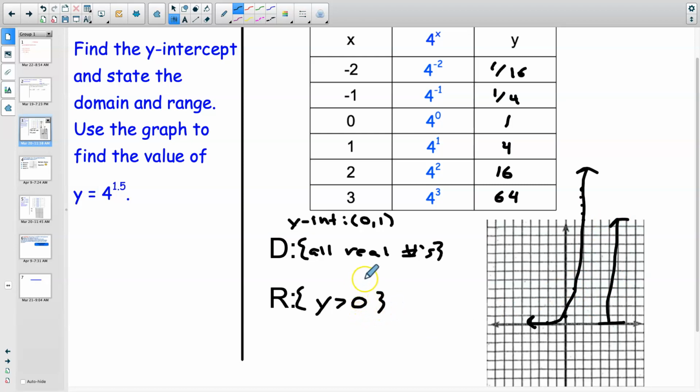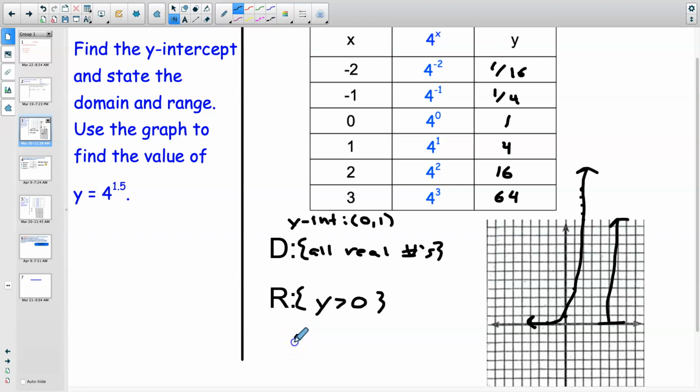Now use the graph to find the value of 4 to the 1.5. That means the x is 1.5. So I'm at 1.5, and if I go up on my graph, I'm looking at about 1, 2, 3, 4, 5.5. So approximately 5.5 for the value of y.